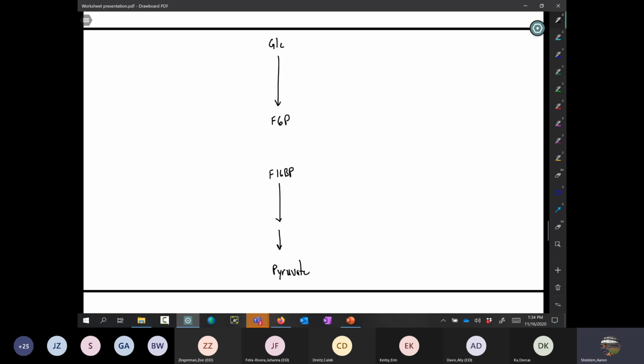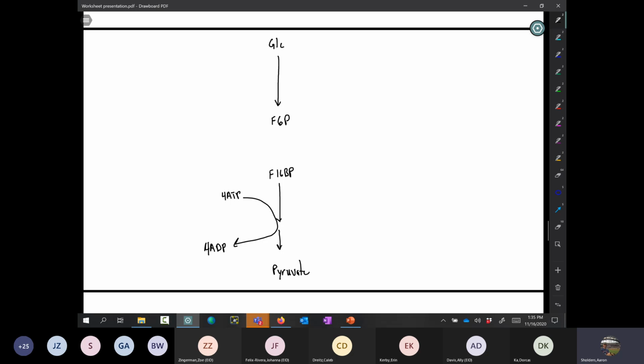Okay, and we're going to get a bunch of ATP out of this. So let's just say it's 4 ATP down here in this bottom portion of it. Okay, so that would be the energy generation phase.